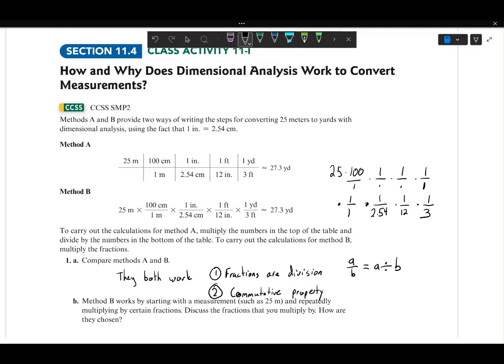Notice I'm separating numerators and denominators to make it so multiplication comes first and division comes second. These are the same process, just thought of in slightly different ways.